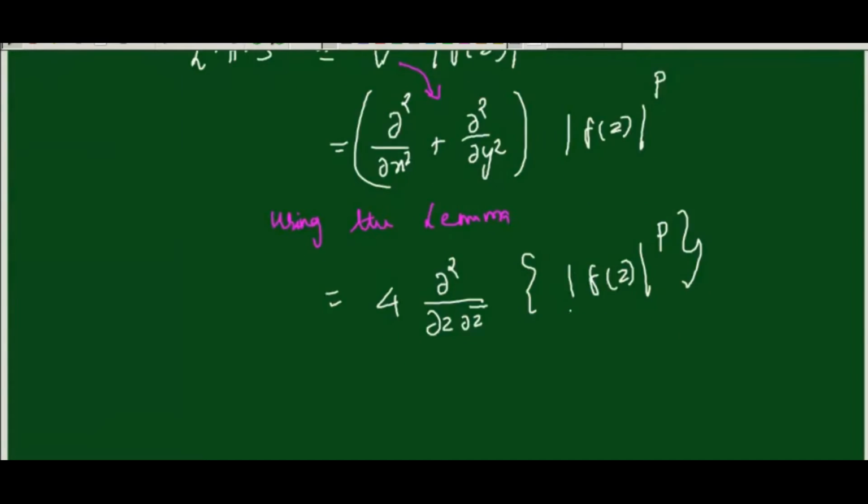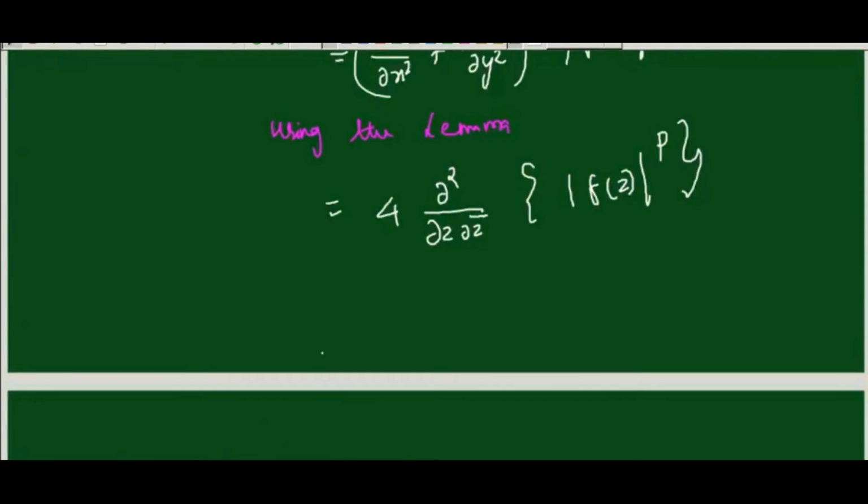So I'm going to use the same procedure we used in the previous problem. So 4 times dou square by dou z bar, and I'm going to multiply f of z.